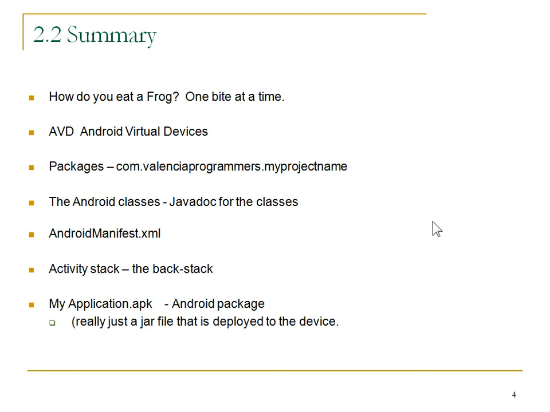So the Android classes, and we didn't look at the Java doc for the Android classes, but they are there. I'm going to introduce those a little bit one by one as we need them. I don't want to blast you with 4,000 pages of documentation that doesn't get us anywhere. So we looked at the Android manifest file.